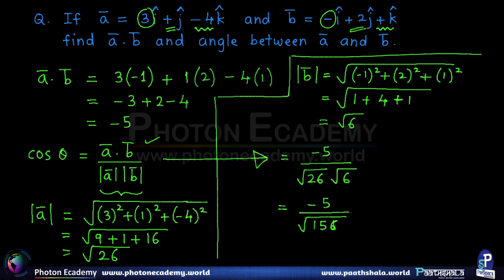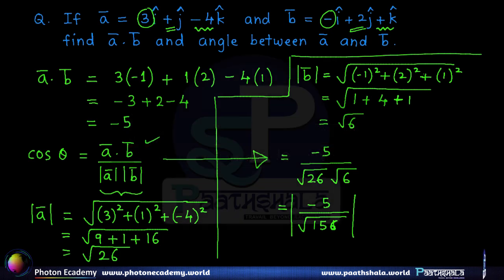If we want to find the acute angle, then we have to take the modulus, because cos of an acute angle will be positive. So in that case we will skip the negative sign and cos theta will be 5 upon root of 156, and the actual angle theta will be the cos inverse of this particular number. We need not find what that exact angle is.